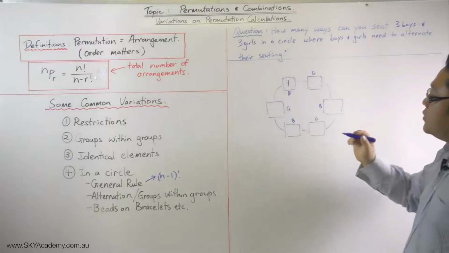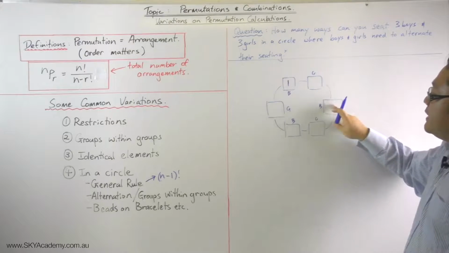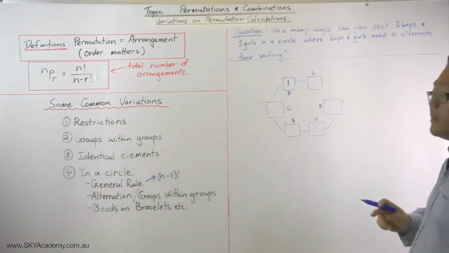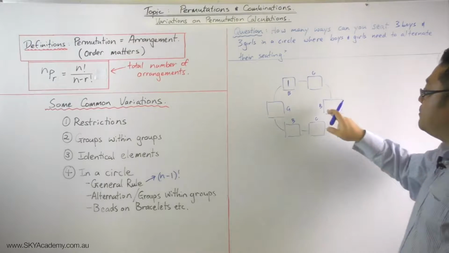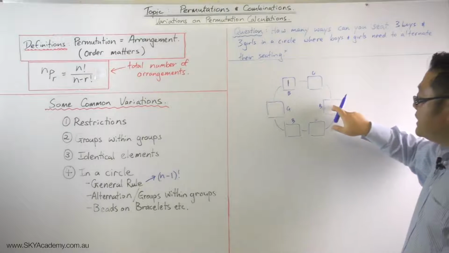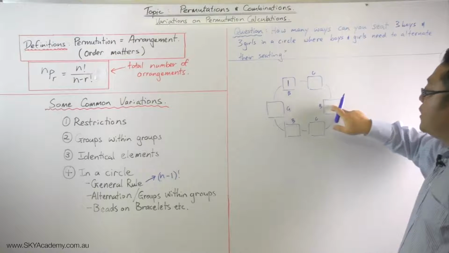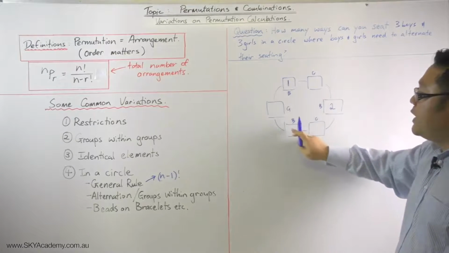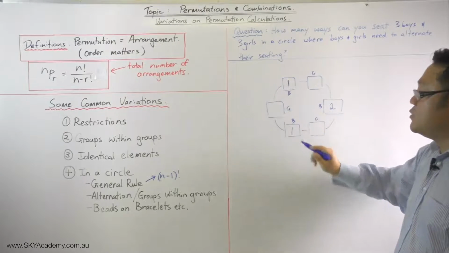What we are then going to do is fill in the other 2 positions for the other boys respectively. So in this position here, there are 2 other boys that can fill that position. So that's 2, and there's 1 other boy that can fill that position, which is 1.